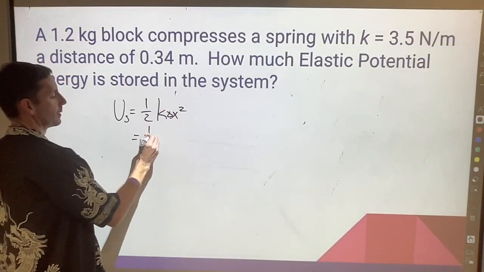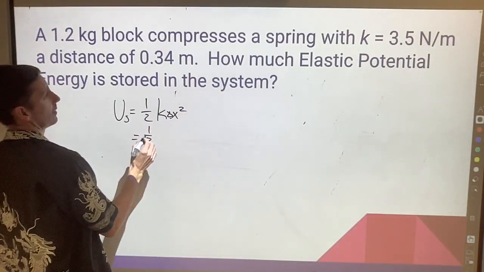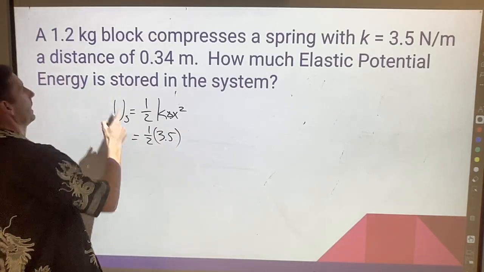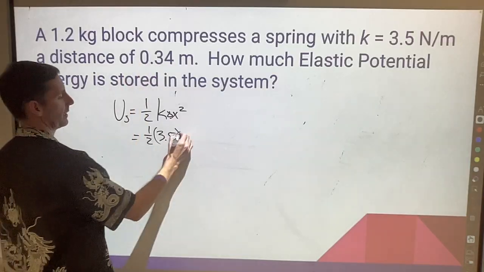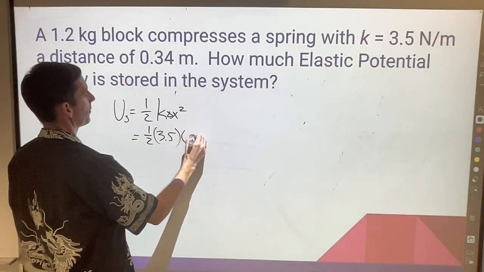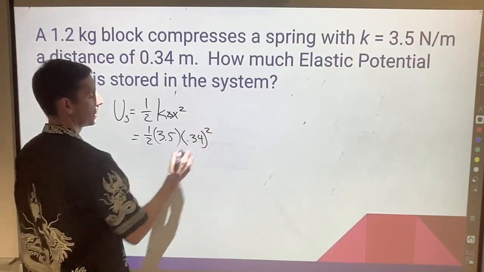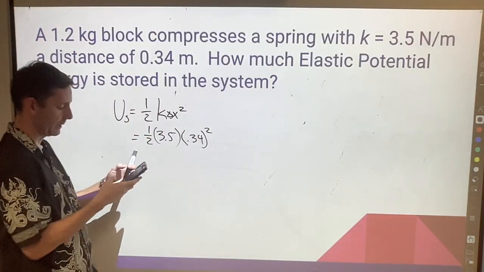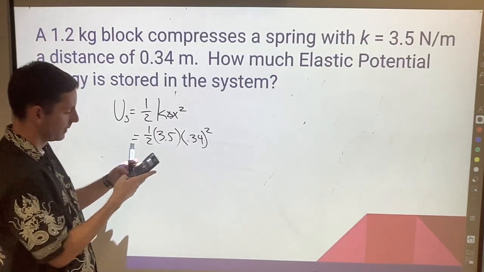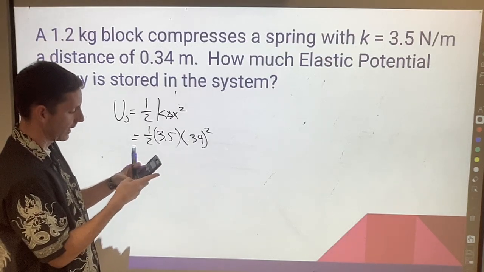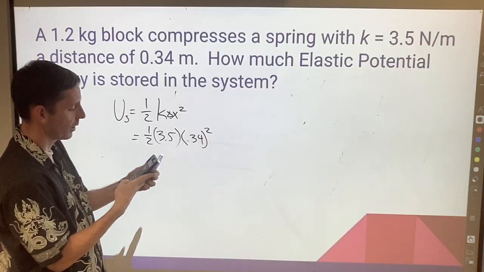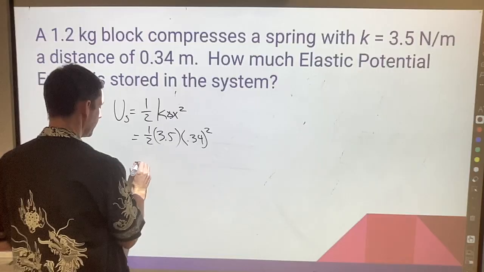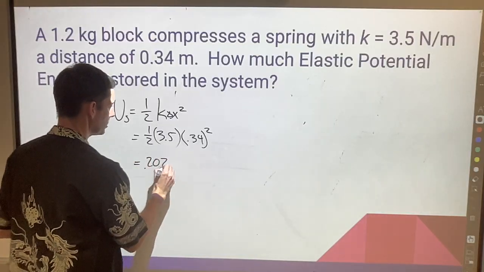So k is 3.5, and it says that it is compressed 0.34 meters. That is squared. And now I should be able to type that into my handy dandy calculator. 0.5 times 3.5 times 0.34 squared. And I get 0.202. All right, so 0.202 joules.